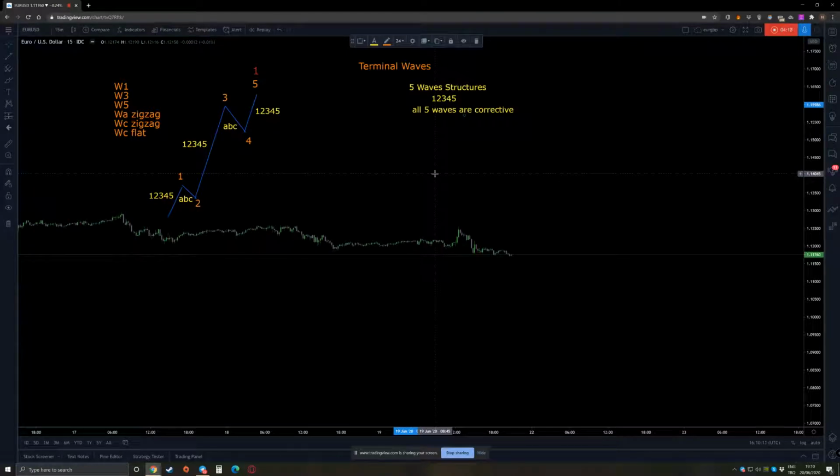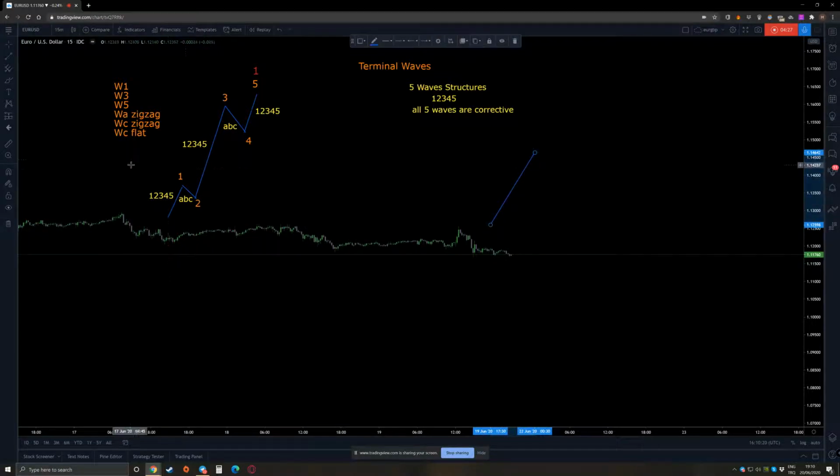Now, let me draw one so that we can compare it a little better. So you have a wave 1, of course, this one will be an example, and you have a second wave, let's say something like this.